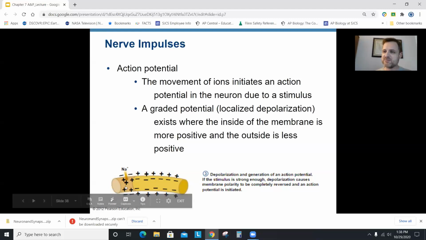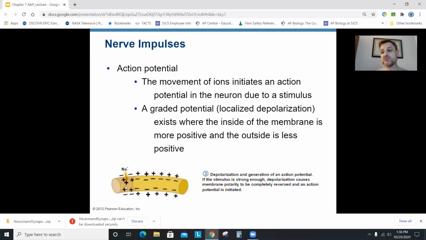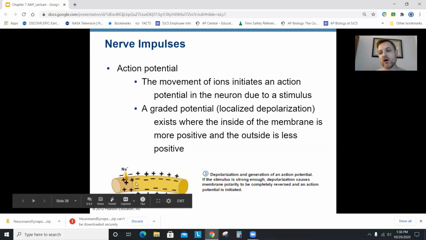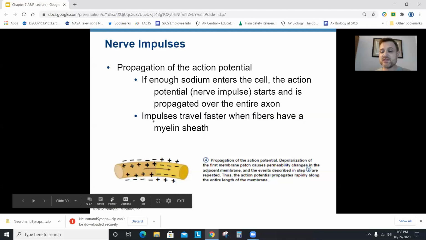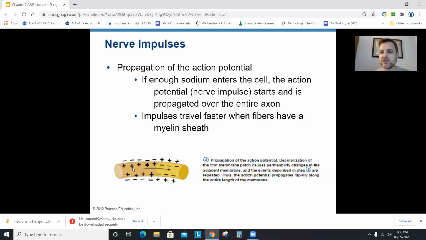That's called an action potential, because if you get to a certain electric charge, the signal is going to go all the way down the neuron from left to right. The signal going down the neuron is called an action potential. In this picture, you can see it's propagated. In sequence, left to right, the sodium gates open, sodium rushes in, which creates that depolarization, which is essentially just an electrical signal that moves down the neuron.